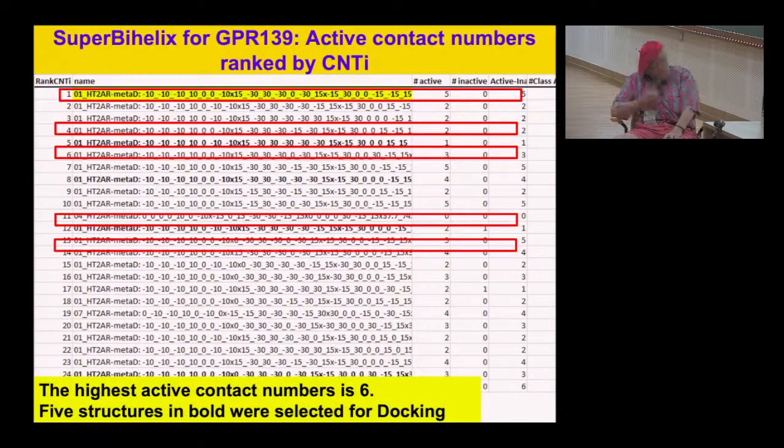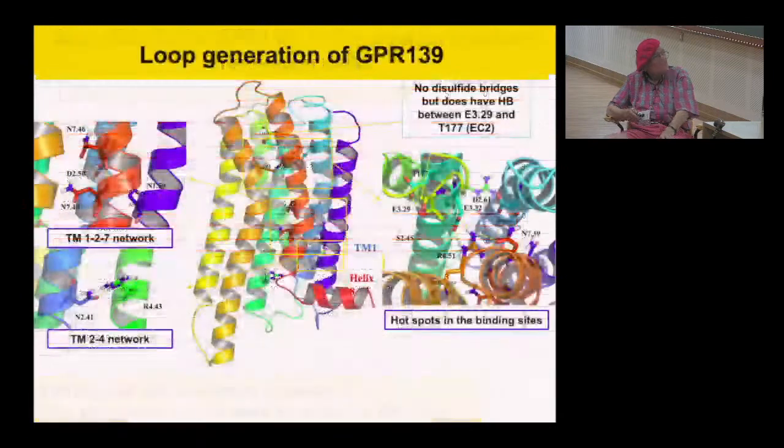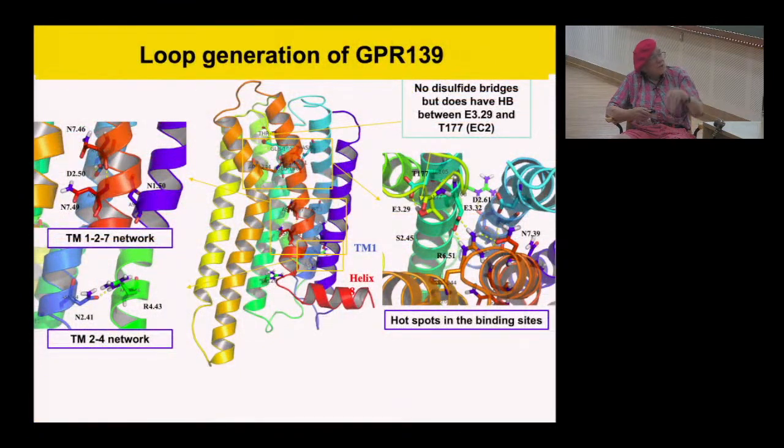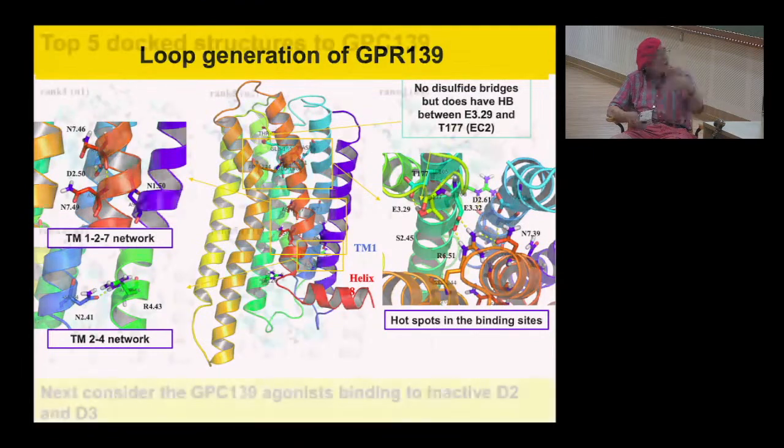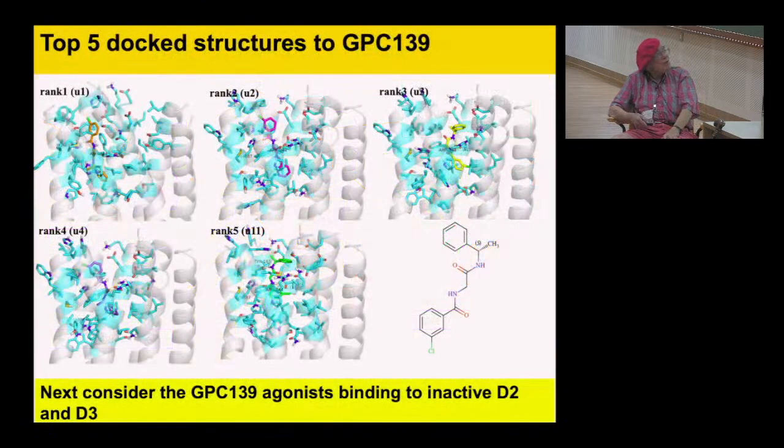We pulled out 6 cases of the super bihelix that we then bind the ligands for GPR139 to. We then generate the loops on it and put it in the membrane so we can do dynamics. We've now done this for several known agonists.